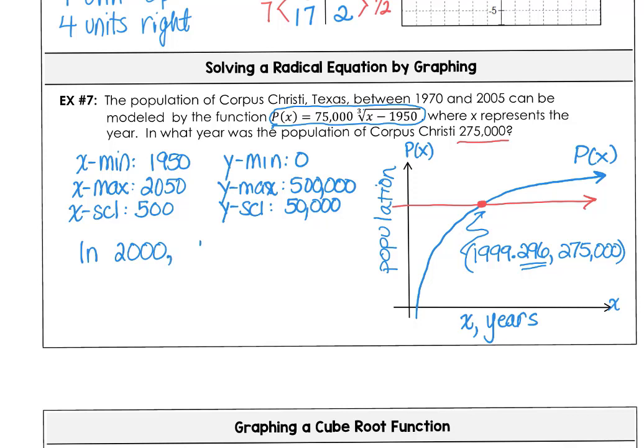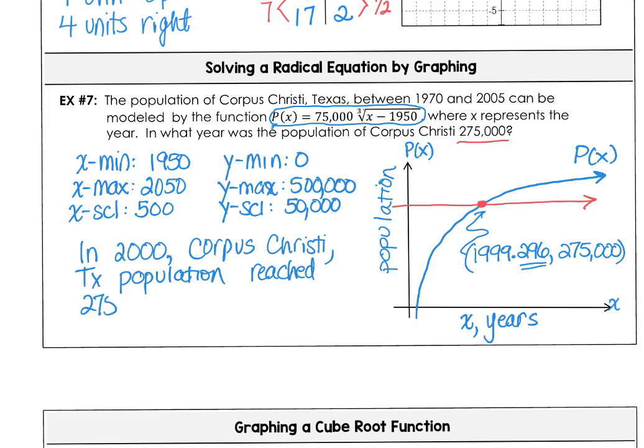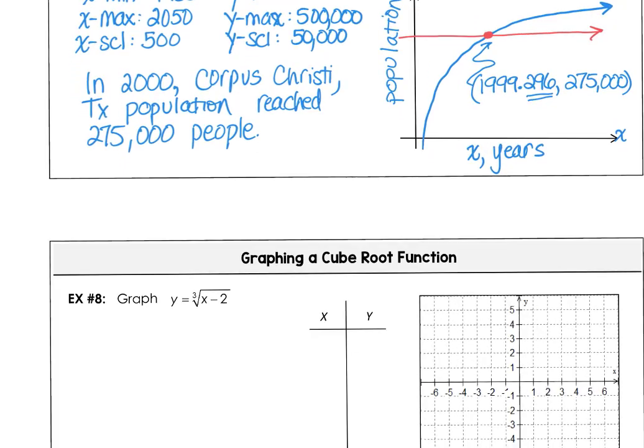So in the year 2000, Corpus Christi, Texas, population reached 275,000 people. Now, I don't know if that's true or not, but you might want to do a little research to verify that we're close to that.